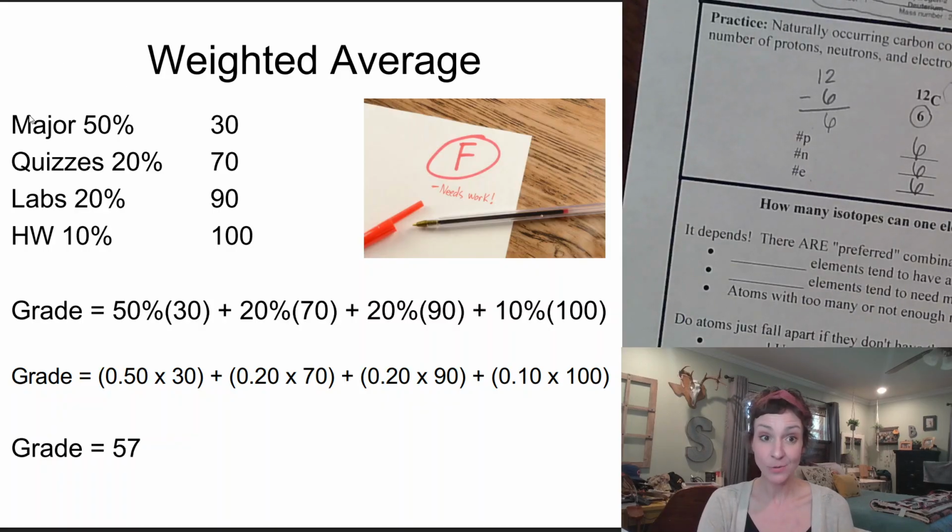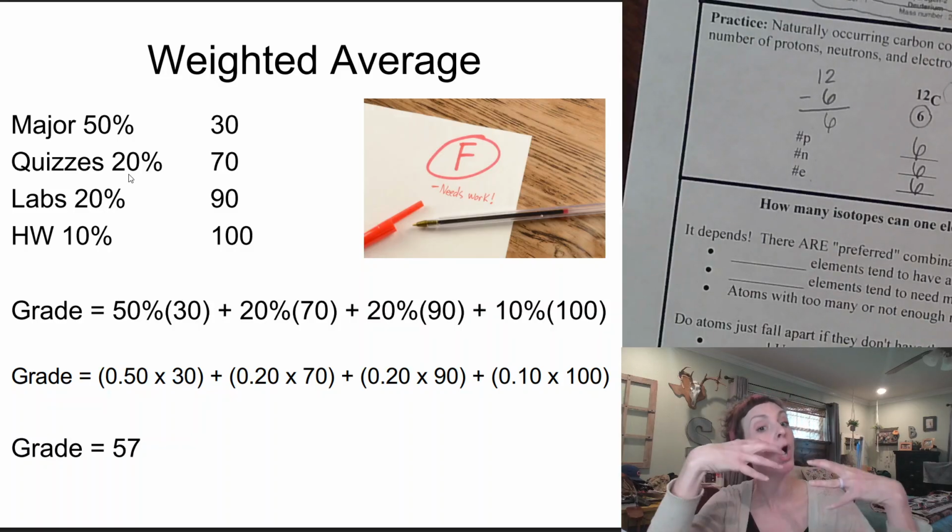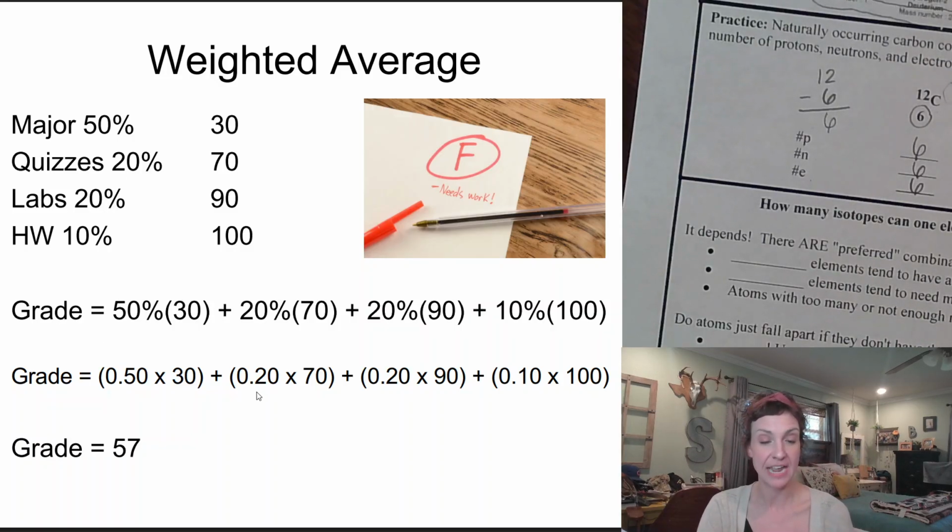That is going to be much more significant in calculating your average, pulling a little bit more weight. And in fact, if I were to calculate here, and we'll practice doing this in terms of the atom, wow, I am not passing my class. That is reason for concern. Even though I have a 100 in my homework, this 30, this major grade, is really bringing things down.